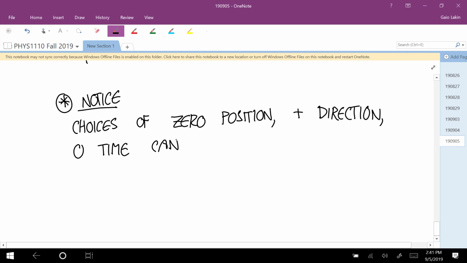Changing the 0 position shifts the graph up and down. Changing the 0 time shifts the graph left and right. And changing the positive direction flips the graph.